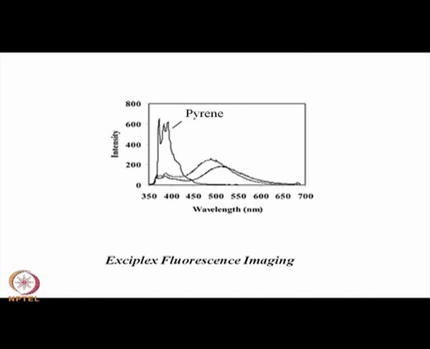So, its characteristic is a broad emission spectrum, and the idea is that when there is an electron transfer, you have pyrene in the excited state, although there is no ground state interaction between dimethyl aniline or diethyl aniline and pyrene.